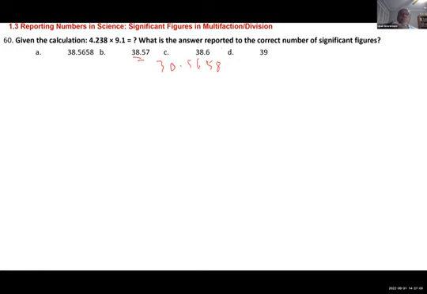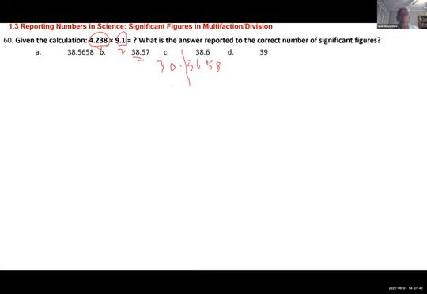Now, where do you round off? In multiplication and division, you look at the significant digits, not the decimal places. The significant digits are 2 here, 4 here, 4 significant, 2 here. You round off to 2 significant digits right here.